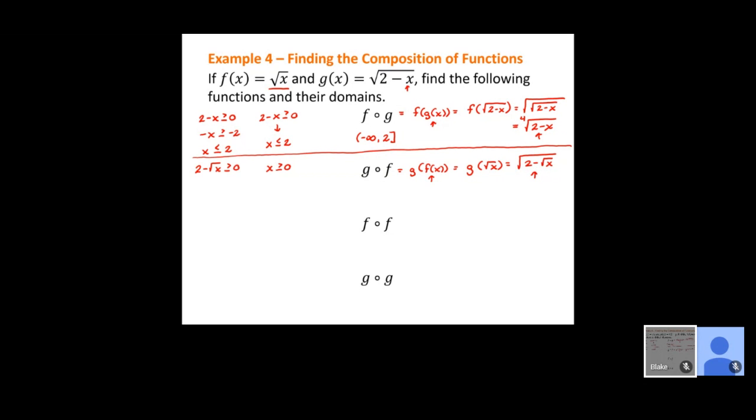So this time we will get two different restrictions, and we're going to have to put them together. If we look at this first one, again, I'm going to subtract the 2. So that gives us negative square root of x greater than or equal to negative 2. And then we can do what?